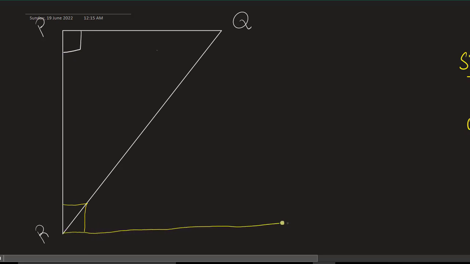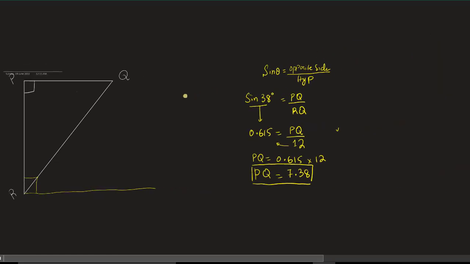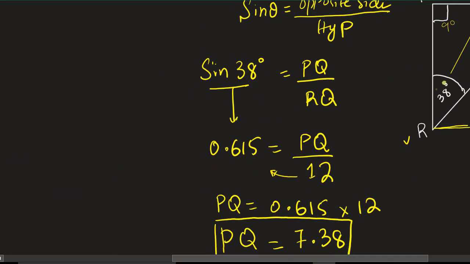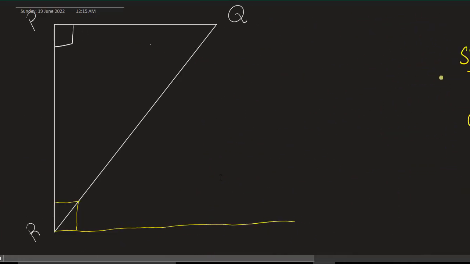So this angle is 90, and in the question we saw that the already given angle is 38. So this angle is 38, right? And if it is 38, then we can easily calculate this one.